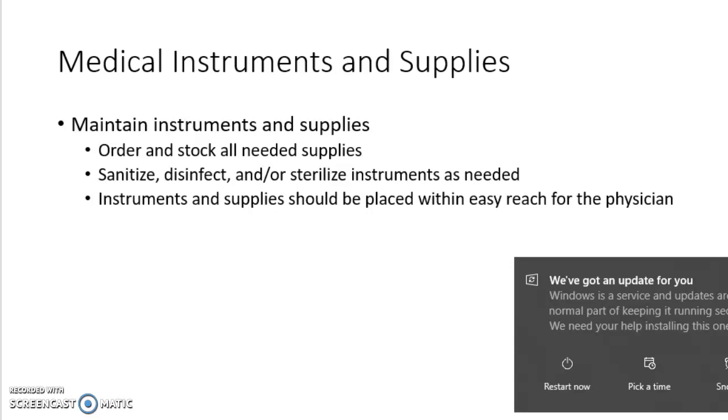Okay. There's table 9.3 on page 185 that lists the different instruments and talks about sanitation, disinfection, and sterilization. It shows the guidelines and the instruments that go through that process, so please be familiar with those.